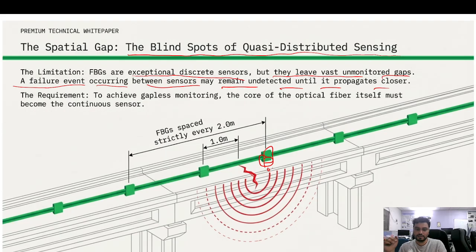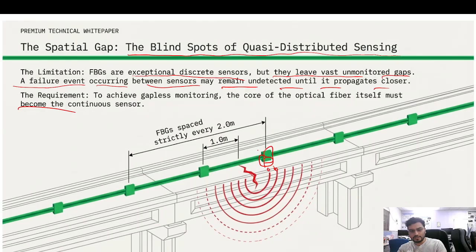It requires some time to propagate closer to the sensor, and then it will be detected. This is the limitation, and the requirement is to achieve gapless monitoring. The core of the optical fiber itself must become the continuous sensor.